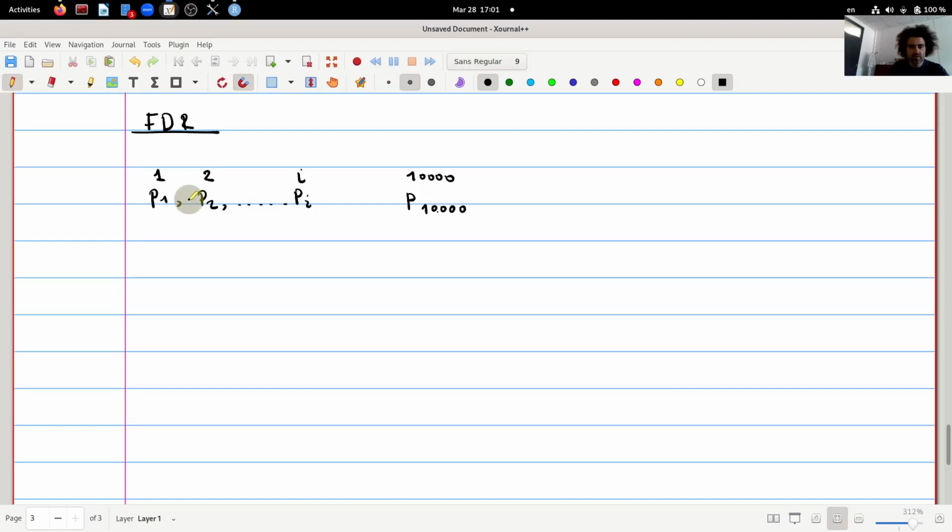Again, these p-values are sorted from the smallest to greatest. And now we'll do the following thing.